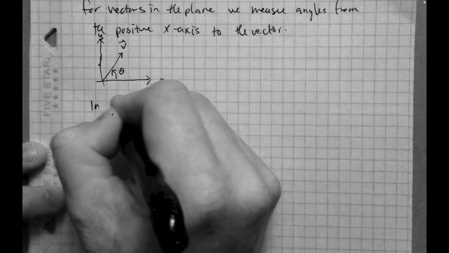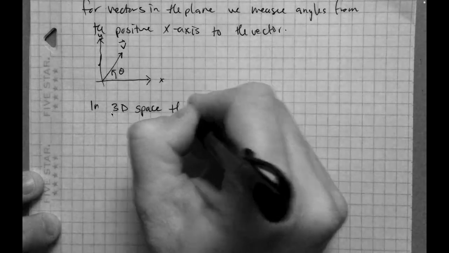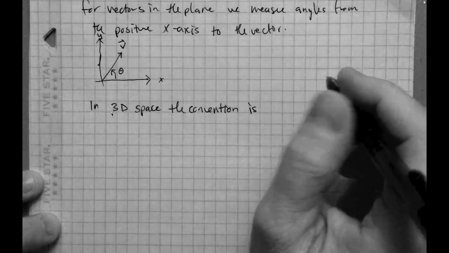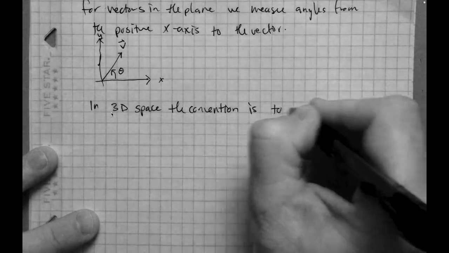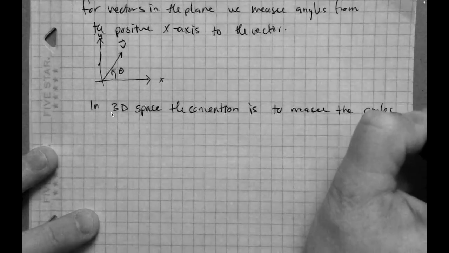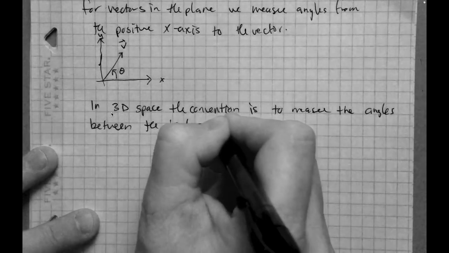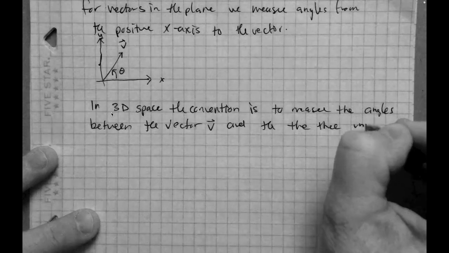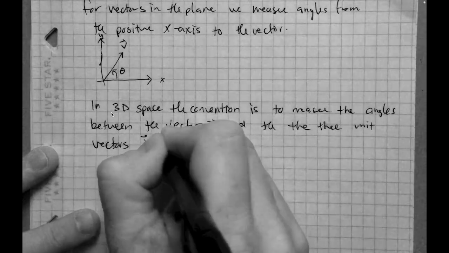In 3D space, the convention is to measure the angles between the vector v and the 3 unit vectors i, j, and k.